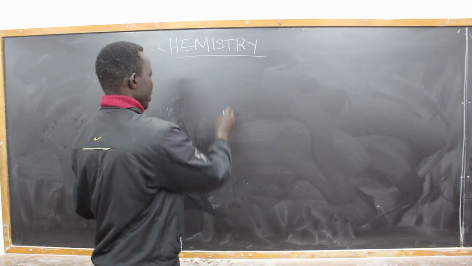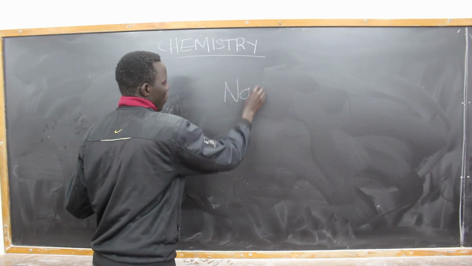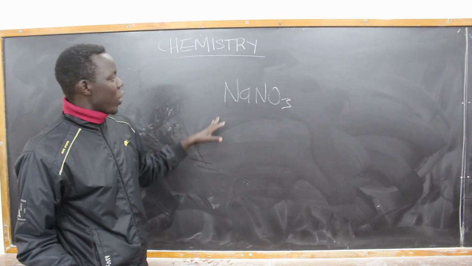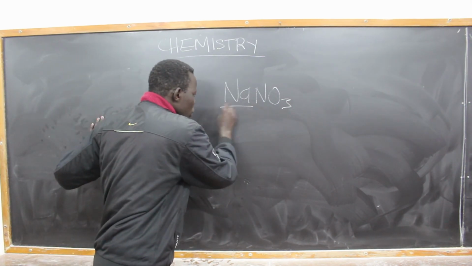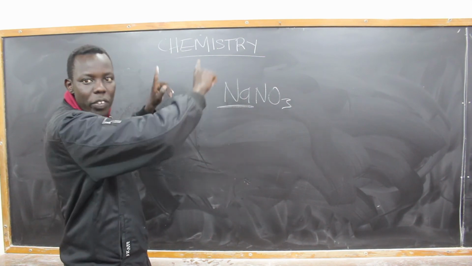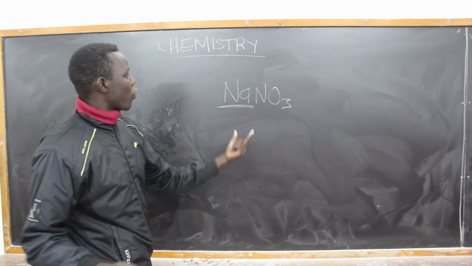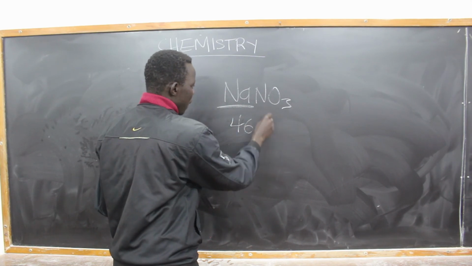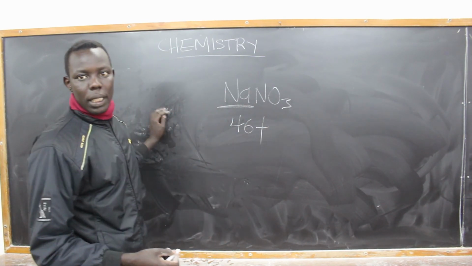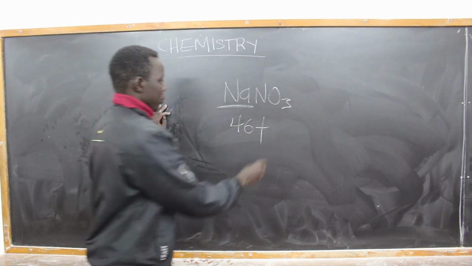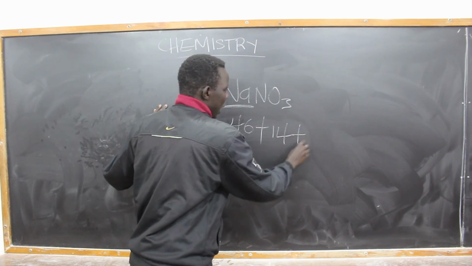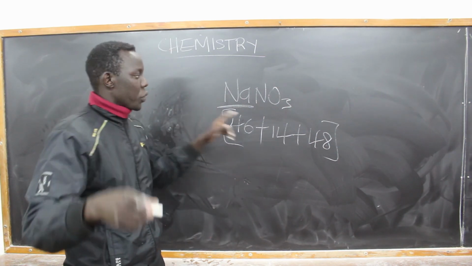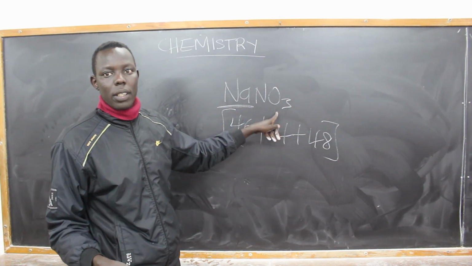So first write sodium nitrate. Then what is the percentage of sodium? First we look for the whole RFM, then for sodium alone. For the whole of it is going to be 46 plus nitrogen is 14 plus 48. Don't ask me why 48. It is 3 atoms of oxygen.